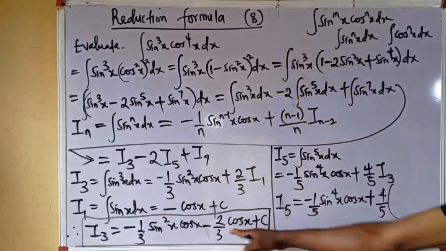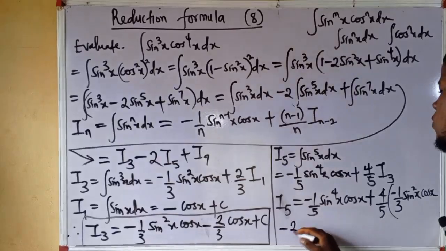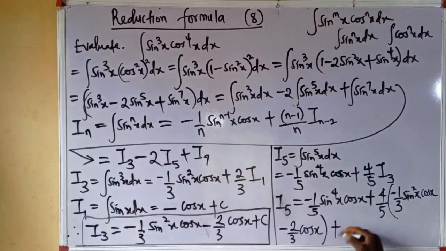Then I'll be writing I3, and that's I3. So let's go. This will be minus 1 over 3 sine squared x cos x, then minus 2 over 3 cos x. Then we add the constant of integration.